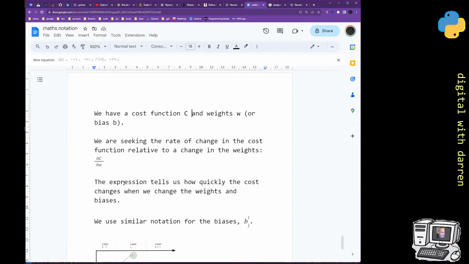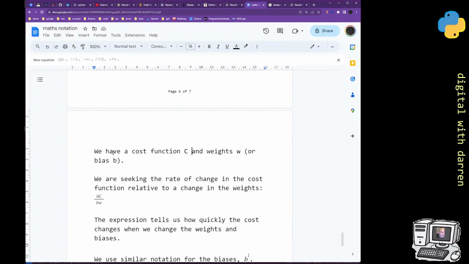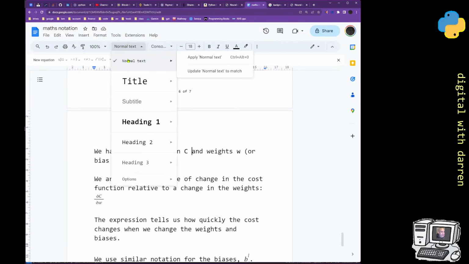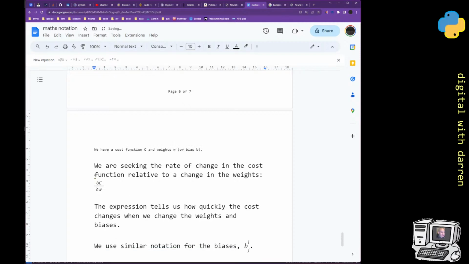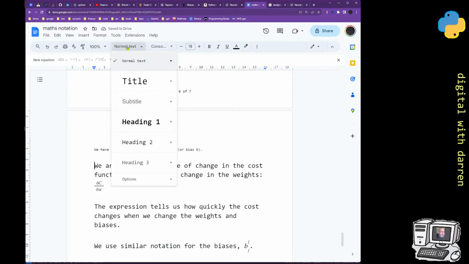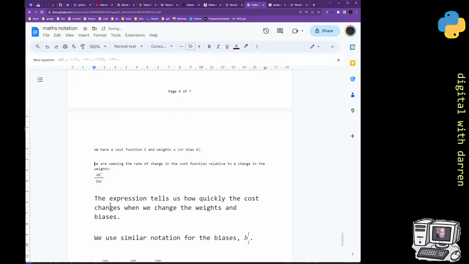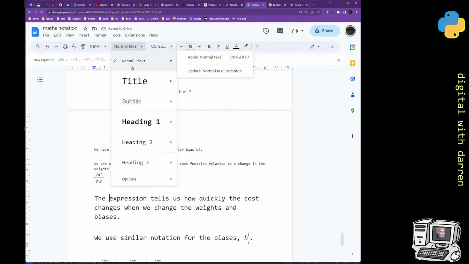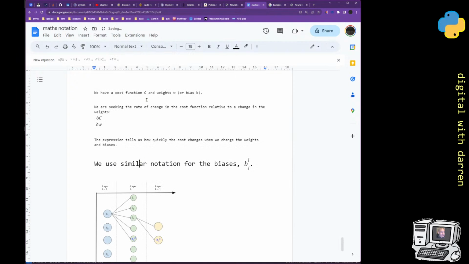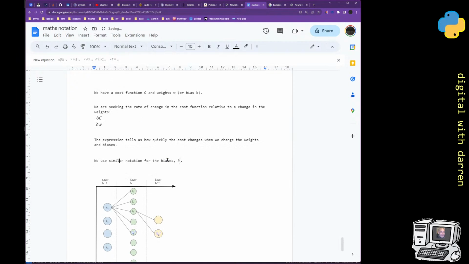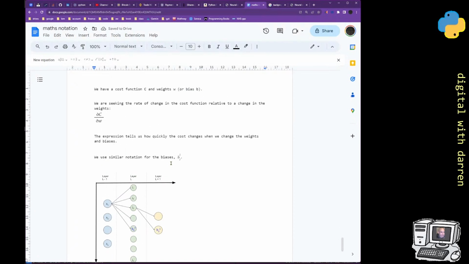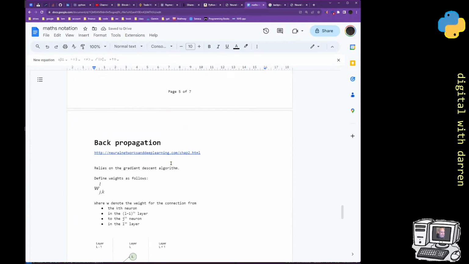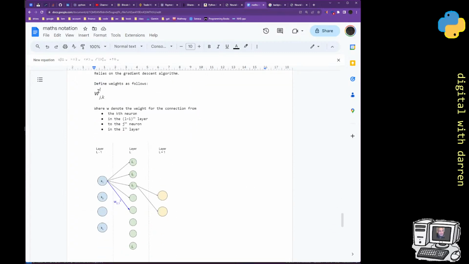The only other thing is that everything there should be normal text. All my writing was extra big, because I made the formulas size 18.